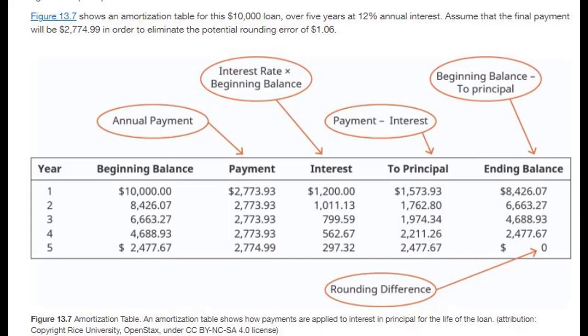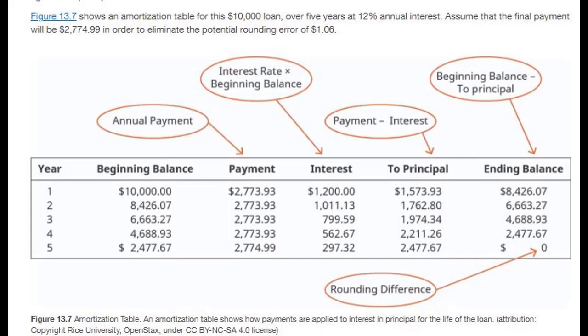What's your payment in year 2? Well, the payment never changes. It's $2,773. How much of that payment is interest? Well, you're always paying 12% interest, but you no longer owe $10,000. You only owe this year $8,426.